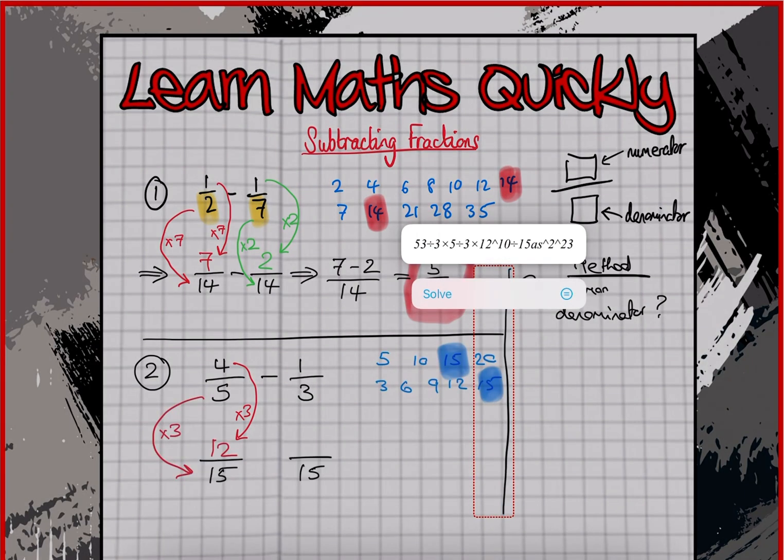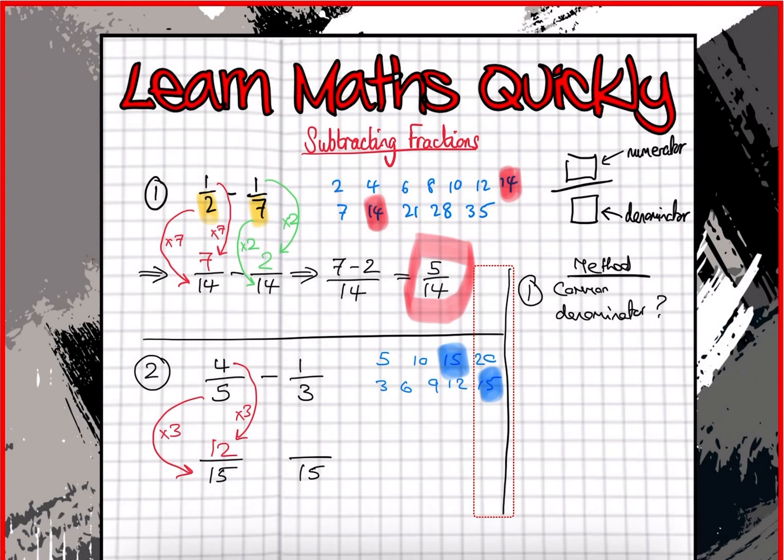Now we do exactly the same method where we look at the 3 and see what do we multiply that by to get to 15. Well, you multiply that by 5. So then we must do the same to our numerator as well. Multiply that by 5 too. So 1 multiplied by 5 makes 5. So now we've got 12 over 15, take away 5 over 15.